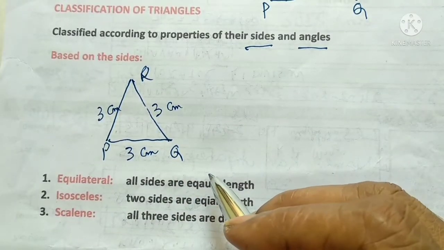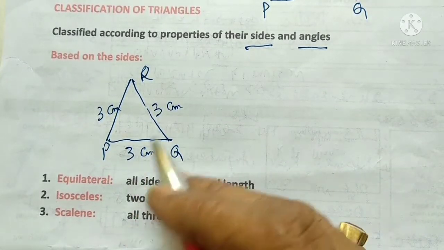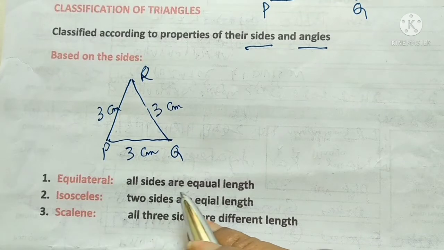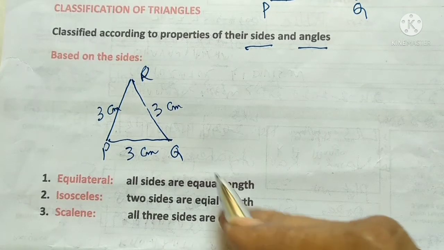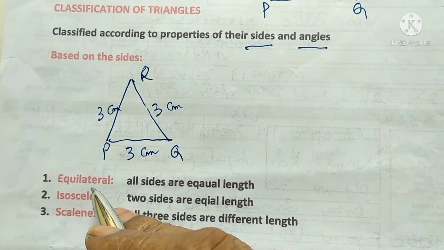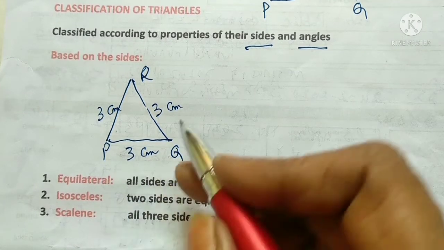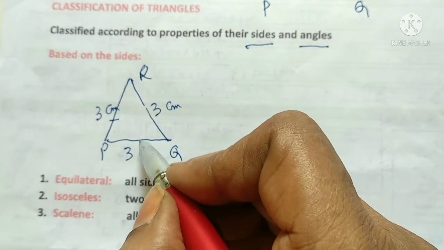Means in this triangle all the three sides are equal. So when all sides are of equal length, this is called an equilateral triangle. Okay, means all sides are equal.